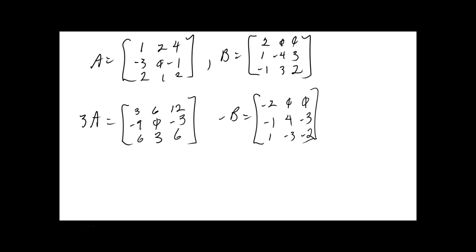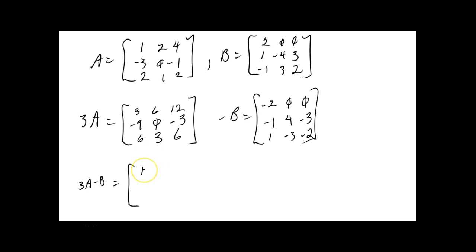Very good. The C part says what is 3A minus B? What do you reckon that would be? Okay, so what you're doing is adding this one to that one, which is exactly correct.